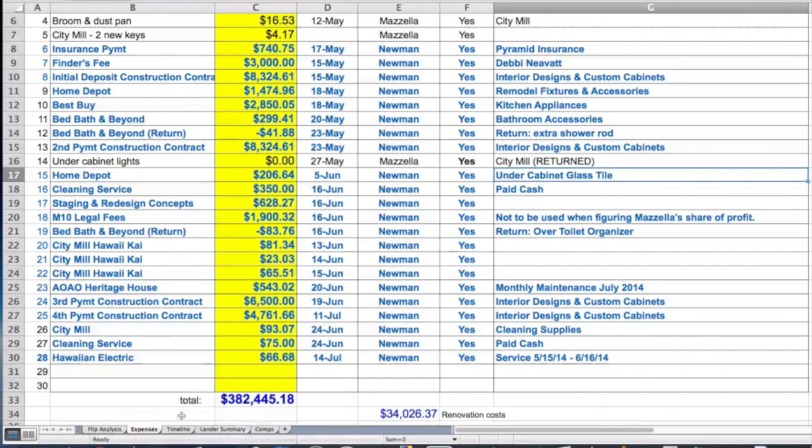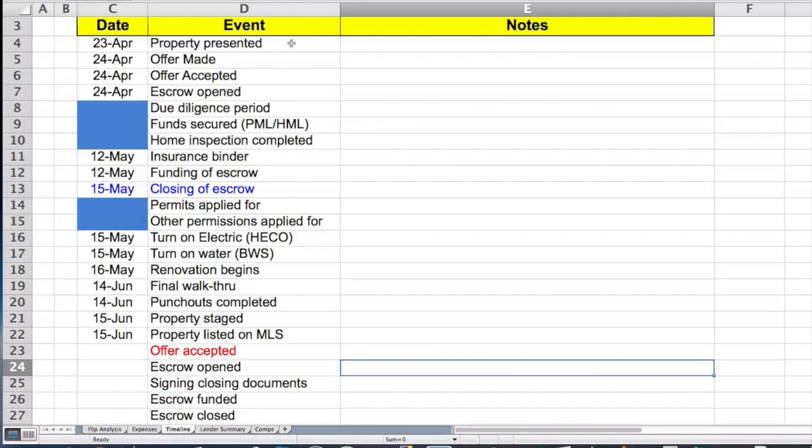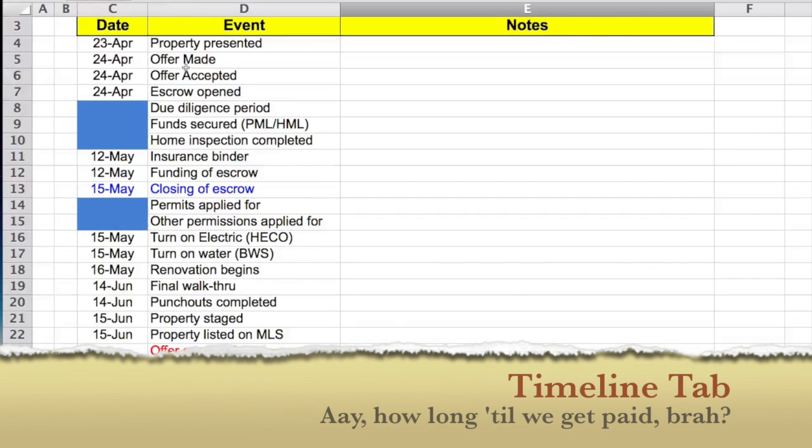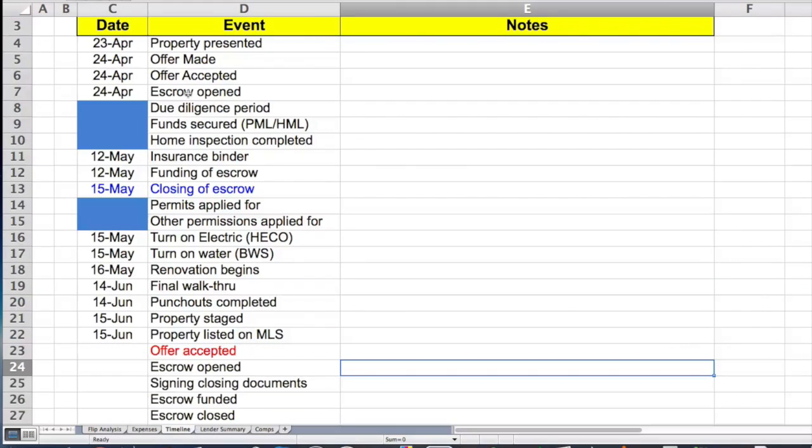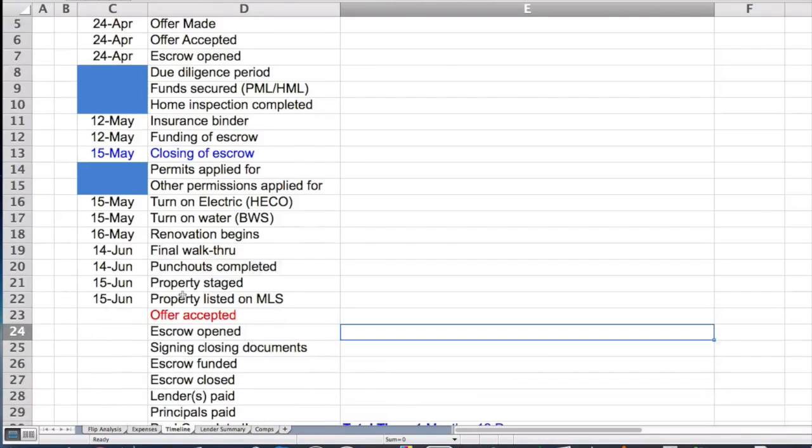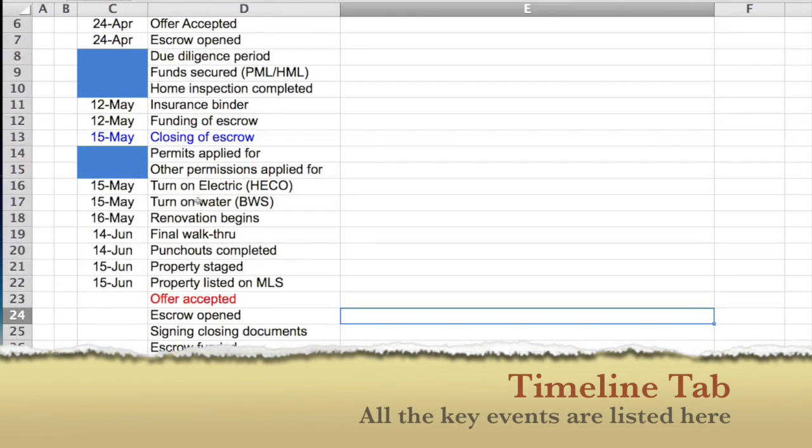And then there's another tab here that is a timeline tab, and here I just use this to keep track of the times from the time I find the property, make an offer, get it accepted, open escrow, all the way through getting everything set up. And there's a whole bunch of checks in here, all the typical things that may or may not happen in a deal.